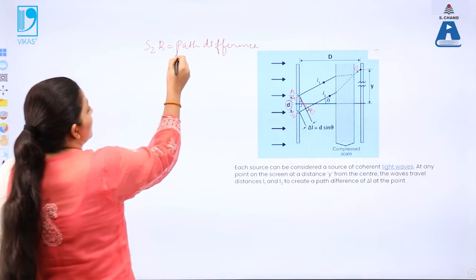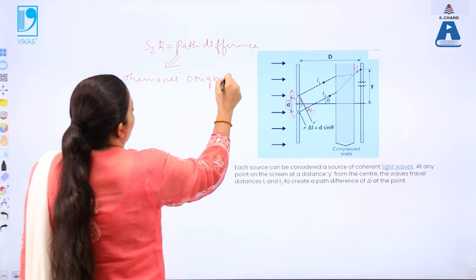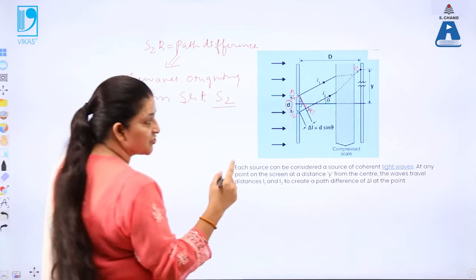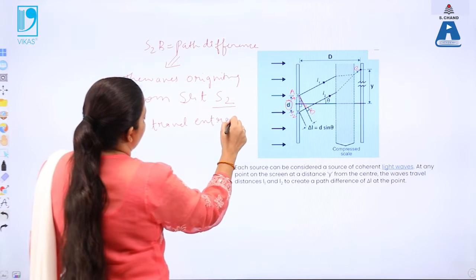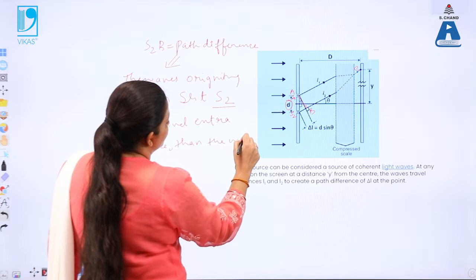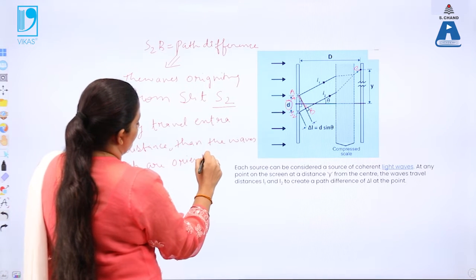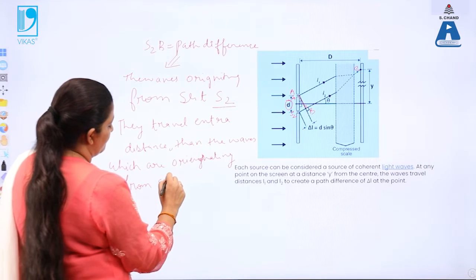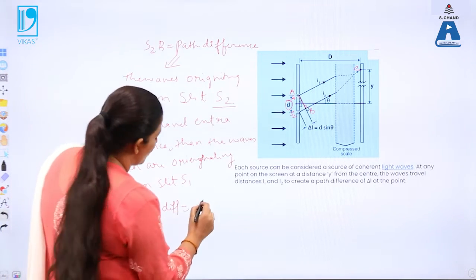So the path difference between these two is given as S2B.